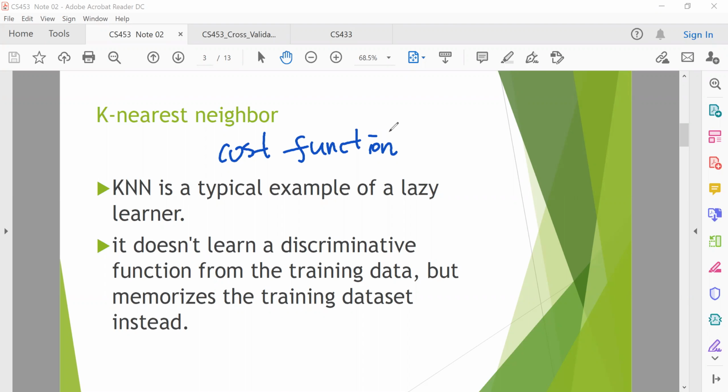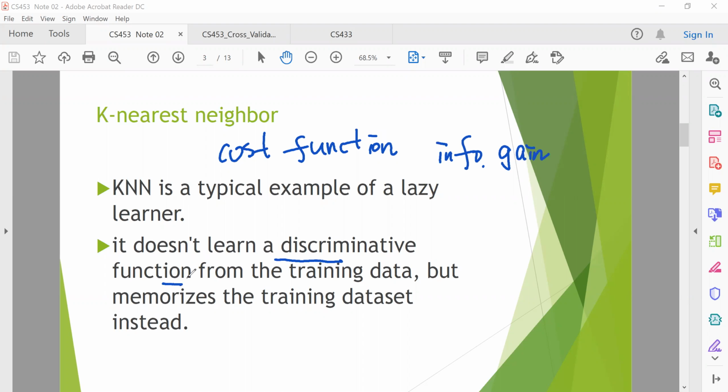And for decision tree and random forest, we try to maximize information gain. So over there it learns some discriminative function, is it? But for KNN it's different.